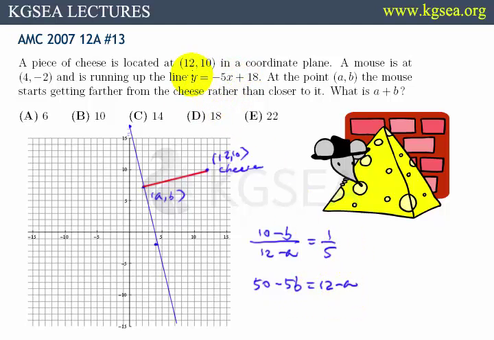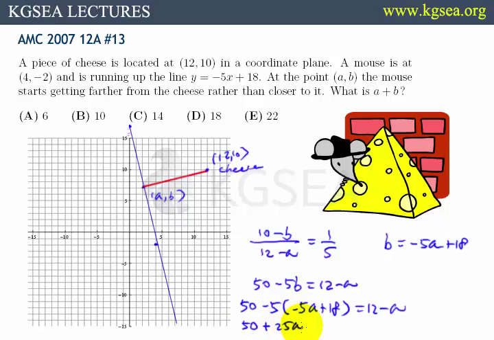If I plug in A, I should get B, right? So what's the equation then? B is equal to negative 5A plus 18. That's what it is. Now if I plug B into the other equation, shall we substitute? 50 minus 5 times, instead of B, whatever is equal to B, which is negative 5A plus 18, is equal to 12 minus A. Now if I multiply it all out, what do I get? 50 plus 25A minus 90 is equal to 12 minus A. Now if I move A over here, it's 26A, adding A on both sides.